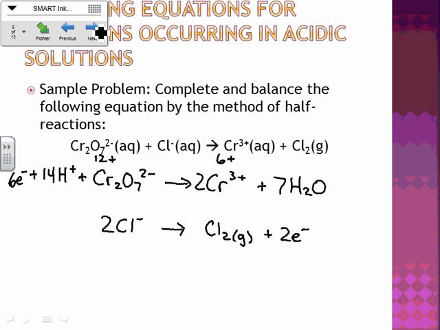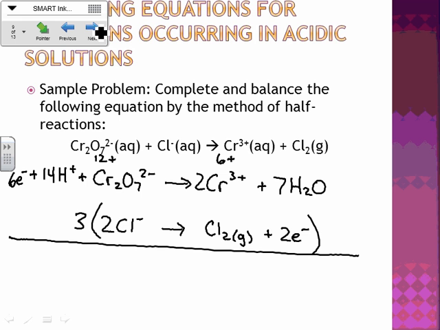Now this process that we have written is giving away 2 electrons, but this top process needs 6. Multiply the bottom one by 3. Okay? And then we just add it all together. See, this isn't so bad once you start getting the hang of it, right? If you know the electrons are going to be canceled out, you don't need to write the electrons in, and that'll save you a little bit of a step, because there's going to be 6 on the left, 6 on the right, okay?